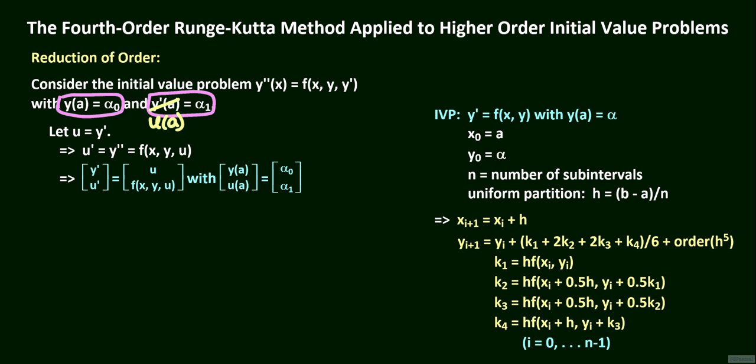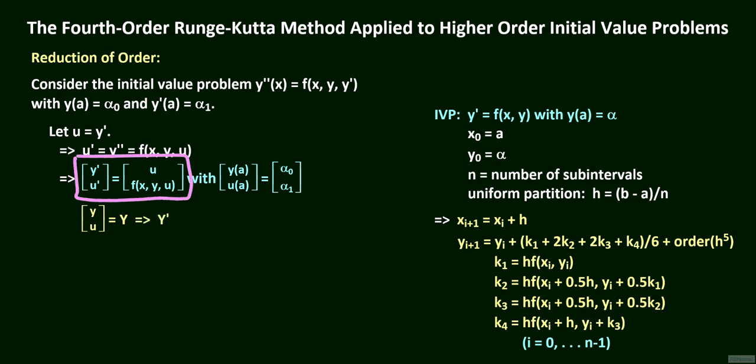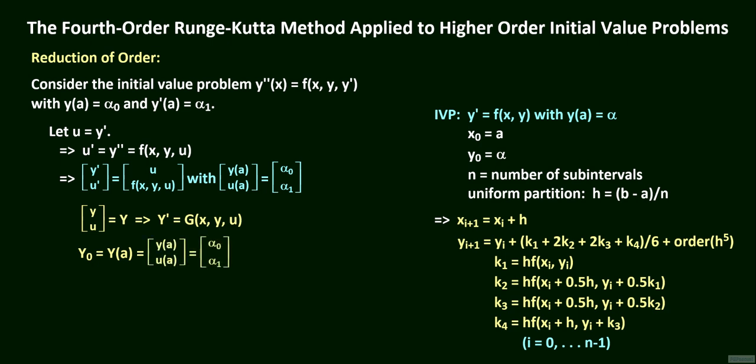We call the vector with components y and u the vector uppercase Y. Because of this equation, the vector Y prime is equal to some vector function which we call g of x, y, u. We set the vector Y sub 0 equal to the vector Y of a, which is the vector y of a, u of a, or alpha sub 0, alpha sub 1.